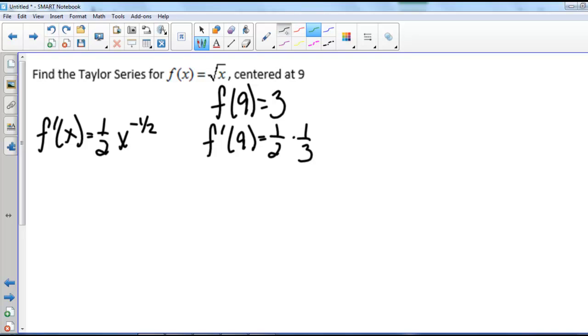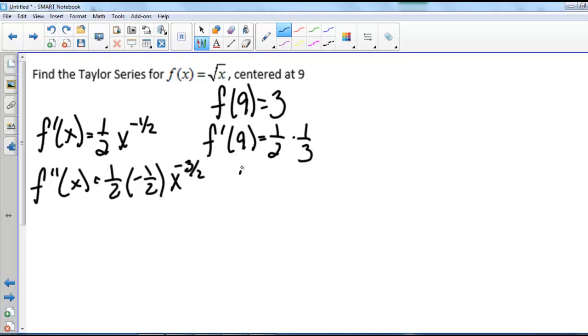The second derivative of f is 1/2 times negative 1/2 times x to the negative 3/2. So the second derivative at 9 is 1/2 times negative 1/2 times 1 divided by 3 cubed.